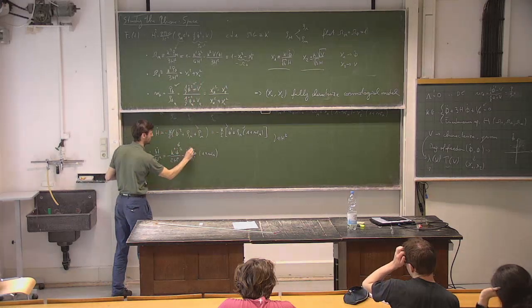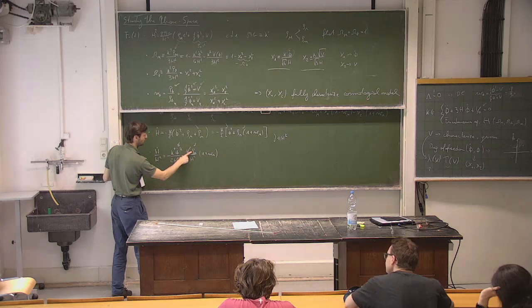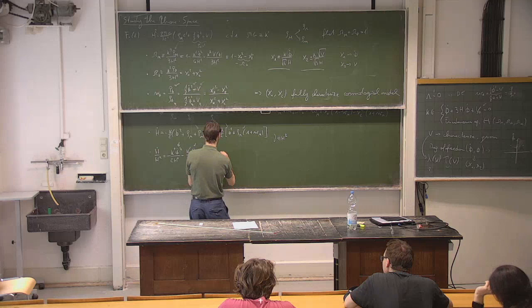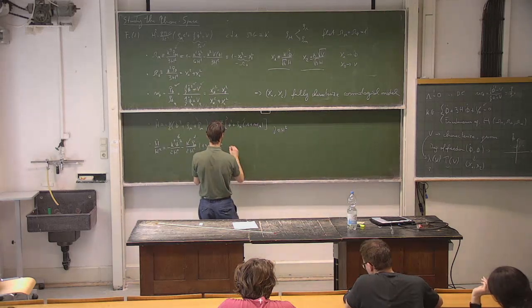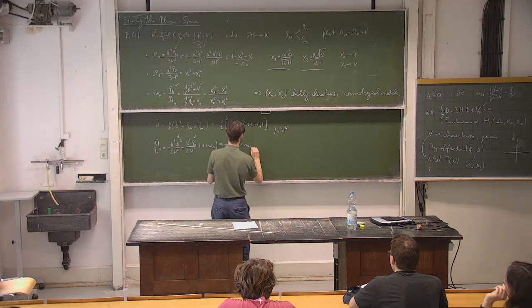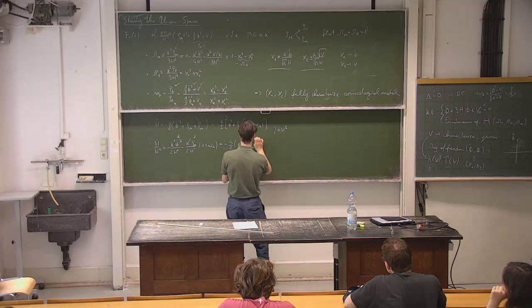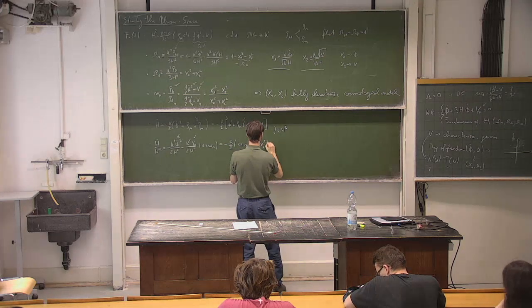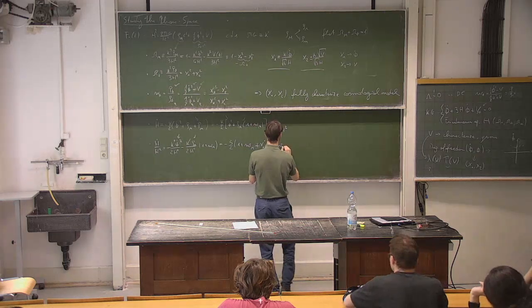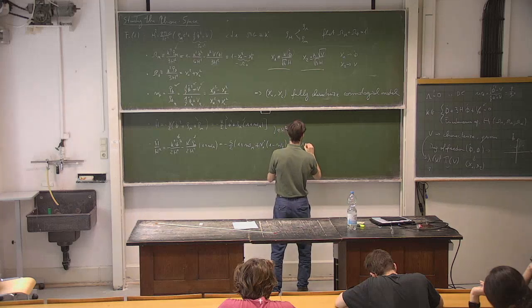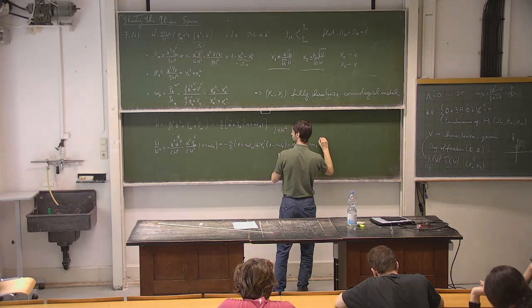Therefore, I plug my expression for rho m into here. And again, very simple trivial algebra, we get minus 3/2, 1 plus w m plus x1 squared 1 minus w m, minus x2 1 plus w phi.